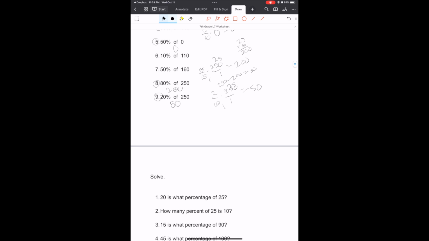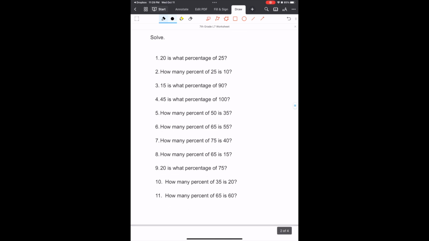So yeah, let's move on to solving. So number 1, 20 is what percentage of 25? What we're looking for here is saying 20 is what percentage of 25?